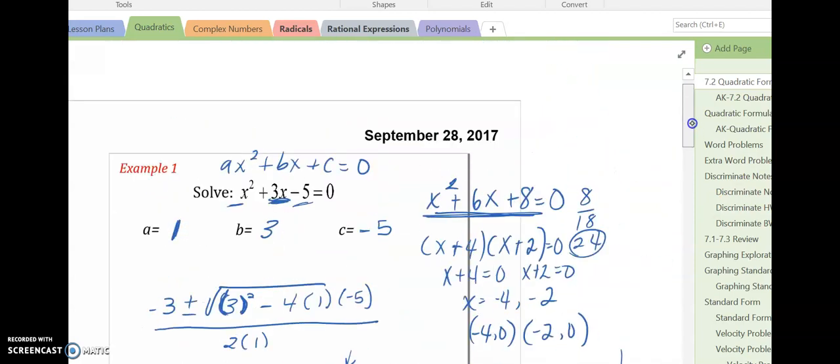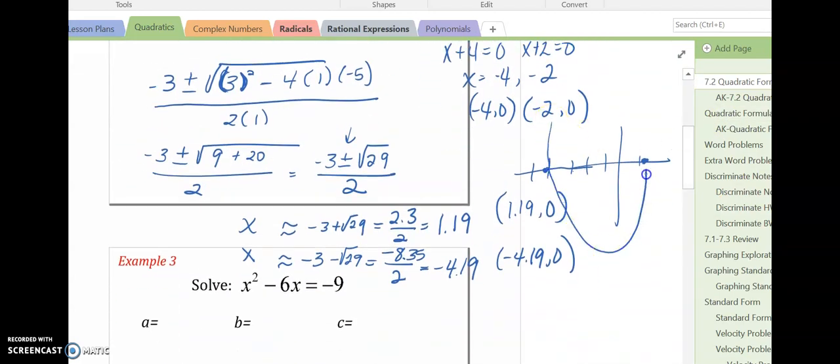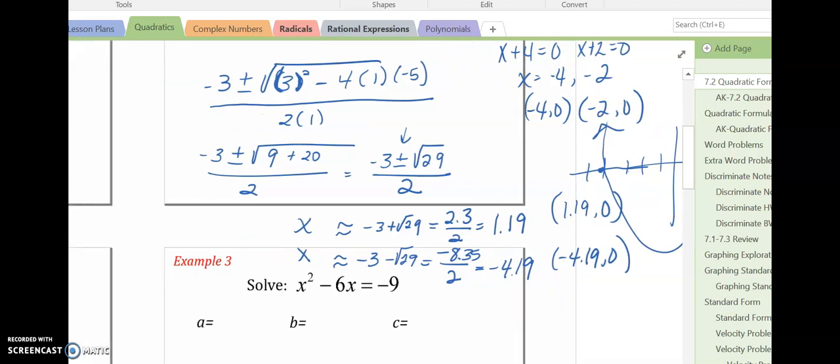And just as a future note, this had a positive value, so I know my graph would go something like that. So I just want to make sense a little bit of what you're actually finding when we're doing this.